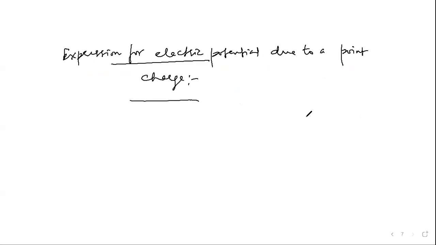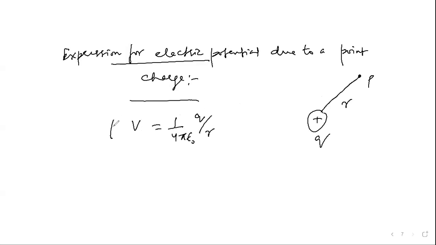If I have a positive point charge Q, select point P, r distance from it, then the electric potential at point P is 1 by 4 pi epsilon naught Q by R. This is the expression.